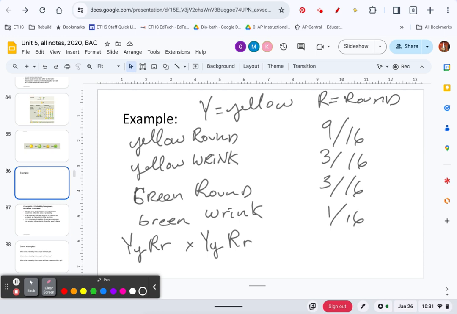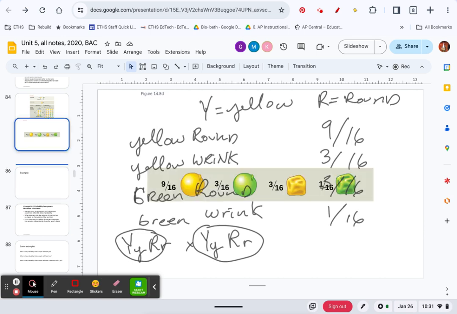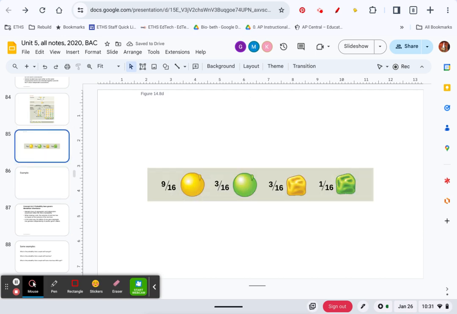They assume that you know the shortcut, which is if these are both heterozygous, then you can use the shortcut of 9 to 3 to 3 to 1. Both heterozygous. And that is actually shown on that page: 9 to 3 to 3 to 1.